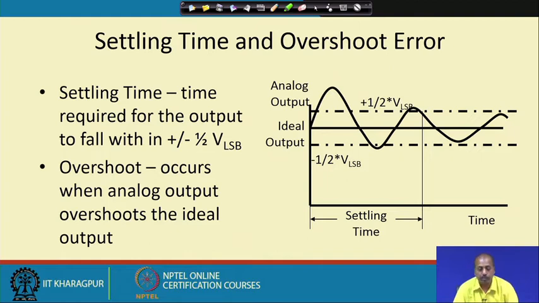Then settling time and overshoot error. We have already explained this to some extent, so let us just revisit it. This is the time required for the output to fall within plus or minus half VLSB. Ideally this is the behavior, it should come to this value, but the analog output becomes like this. It shoots up and then it comes down.